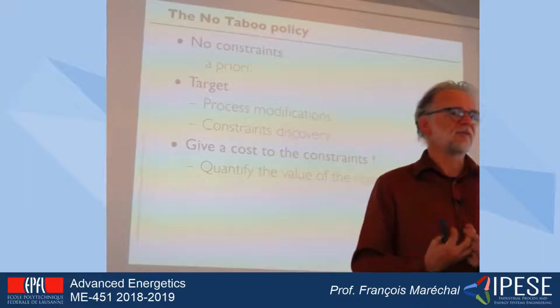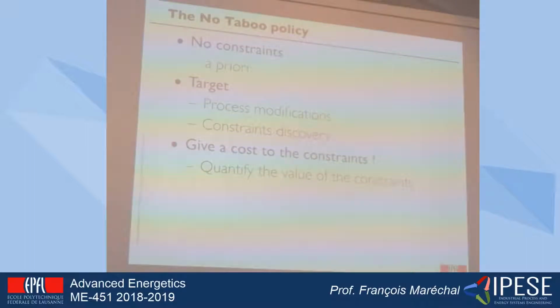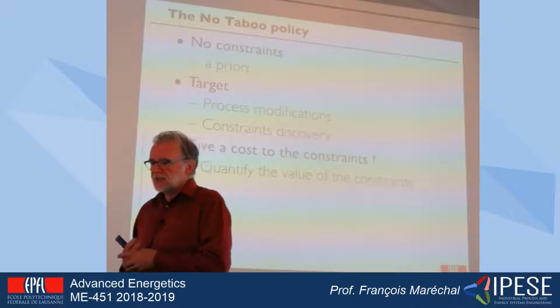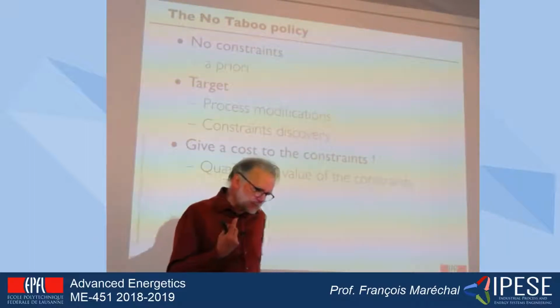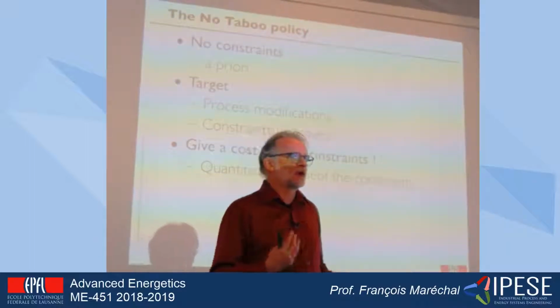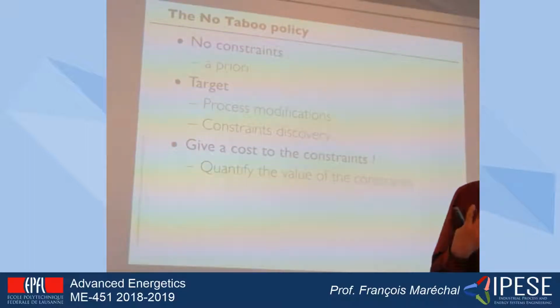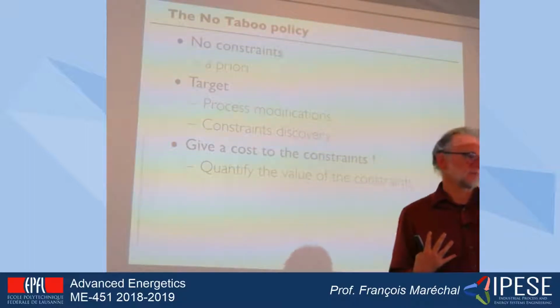Okay? So we have to ask ourselves what is really the needs of the heat. And I'm going to use some examples to show you. When I'm saying no taboo, it doesn't mean that you are not going to accept constraints. But the idea is that we will start without constraints.